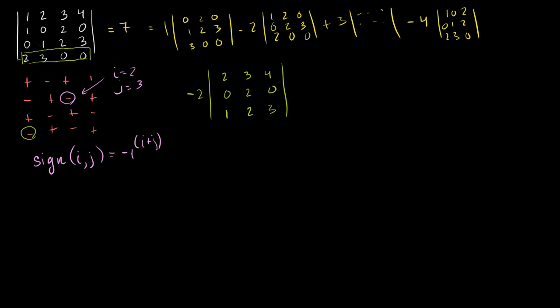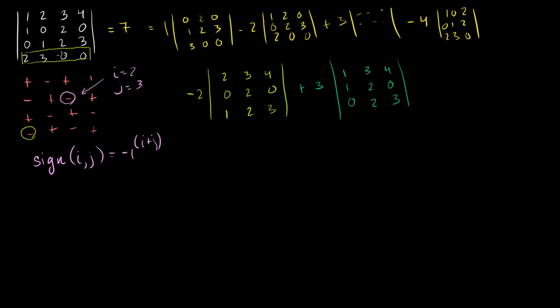And then this was a minus, so then you have a plus 3 times, get rid of this guy's column and row, and you have 1, 1, 0, 3, 2, 2, and then 4, 0, 3.